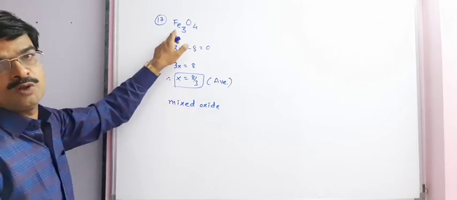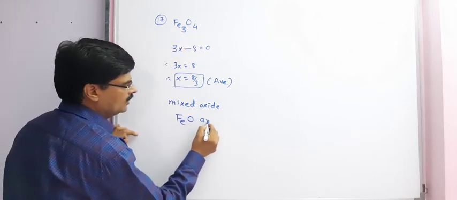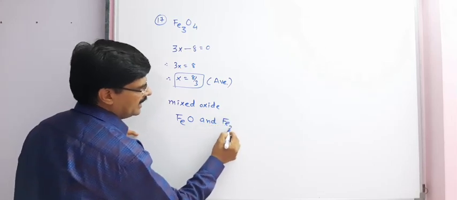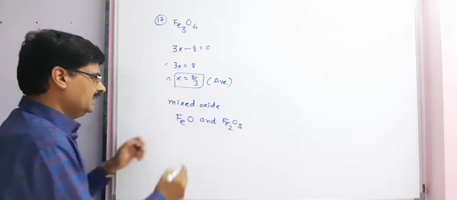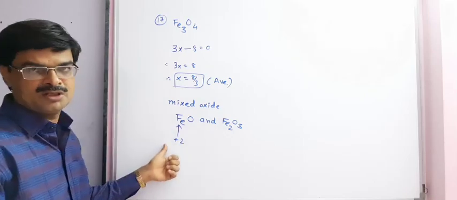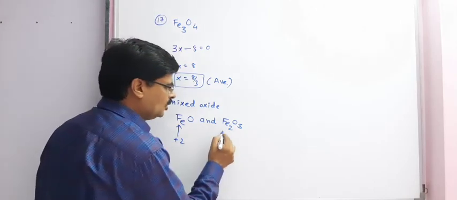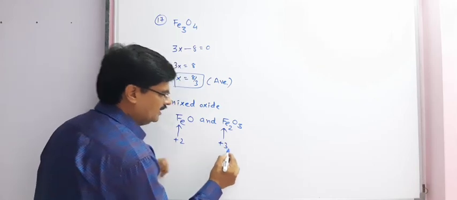If we have to find out the actual oxidation state, then this is a mixed oxide of FeO and Fe2O3. In FeO, the oxidation state of Fe is +2, and in Fe2O3, the oxidation state of Fe is +3.